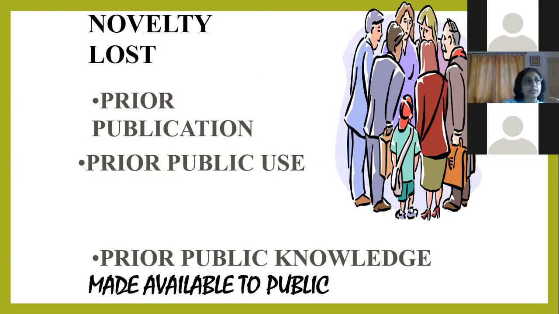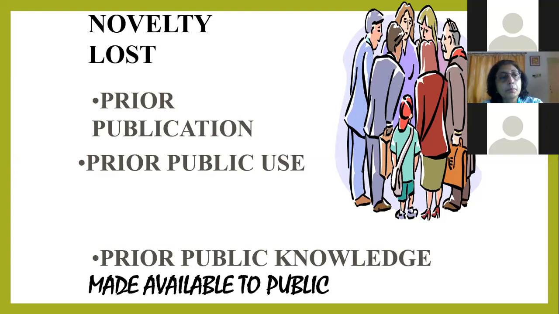So there was a case where a pen was gifted to somebody, without any requirement of confidentiality, and then it was applied for a patent. Now it was said that because this particular person had the knowledge and he was free to disseminate that knowledge to the public, that pen is no more novel.